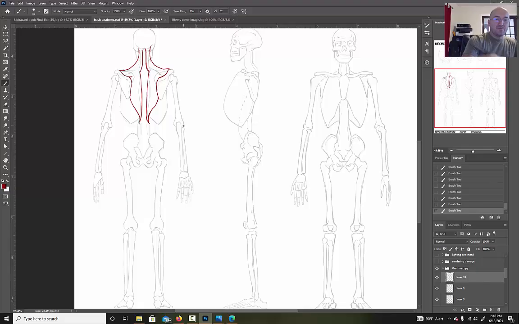All right. See that? It's a pretty good start. It's already starting to look like a fairly muscled individual.